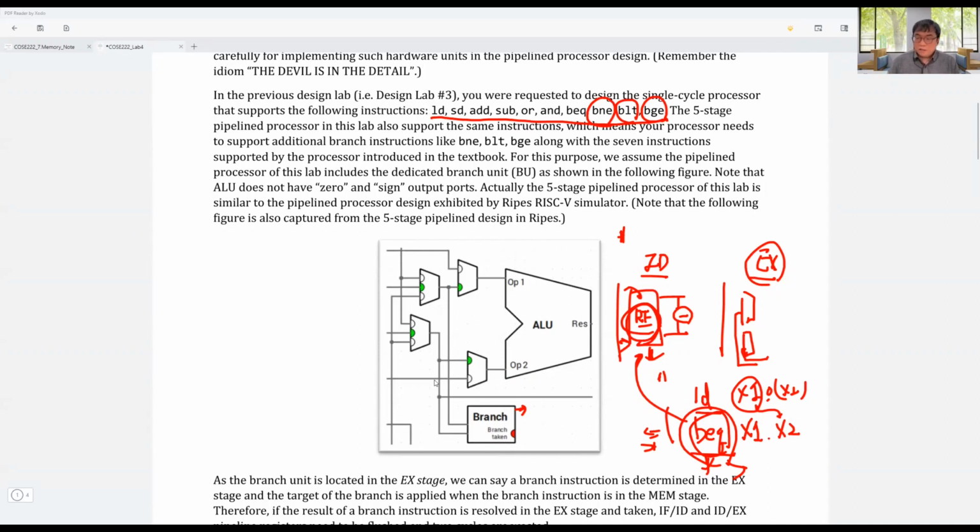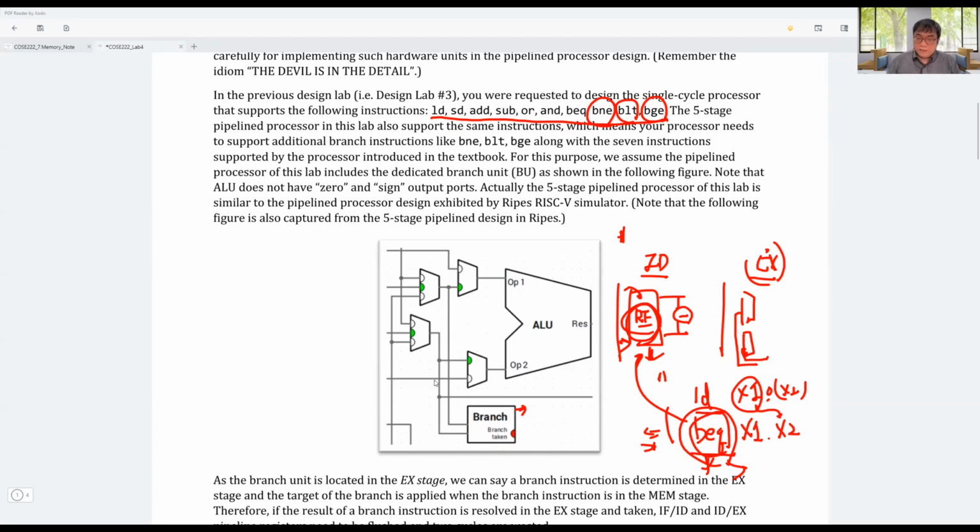These branch instructions like BLT and BGE cannot be handled by a simple comparator. What's the problem? We need to compare the magnitude of two operands. So this BLT and BGE cannot be handled by this simple comparator, and we need to implement a subtractor.